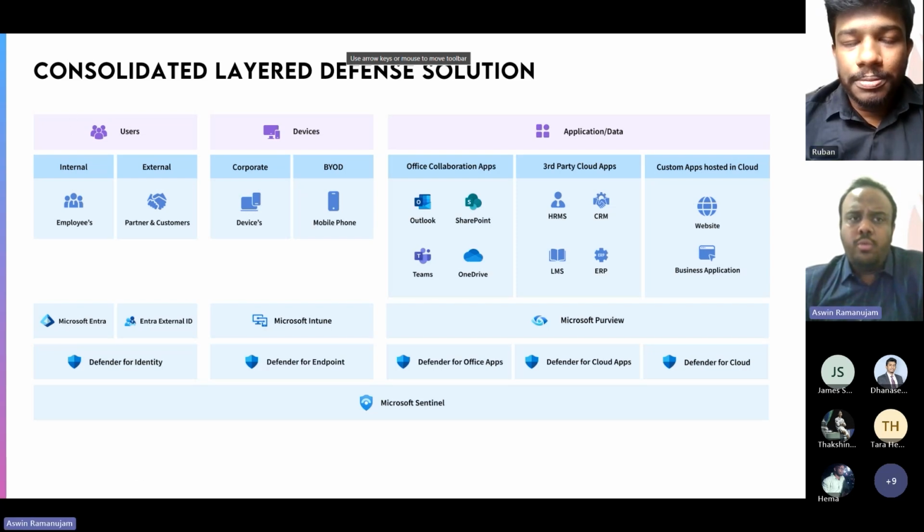And one more point to emphasize about Copilot here. AI-based defense against AI-based attacks: we want to use AI for defense purposes, so we need the correlation between the data happening on the endpoint, identity, Office apps, and the data. Having a consolidated one-platform approach brings all the correlation under one single umbrella.